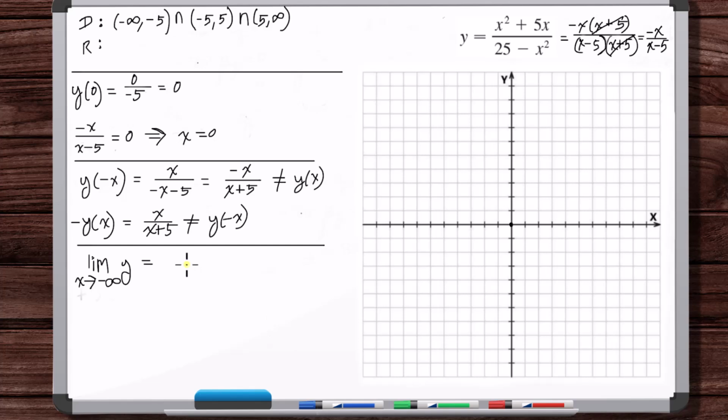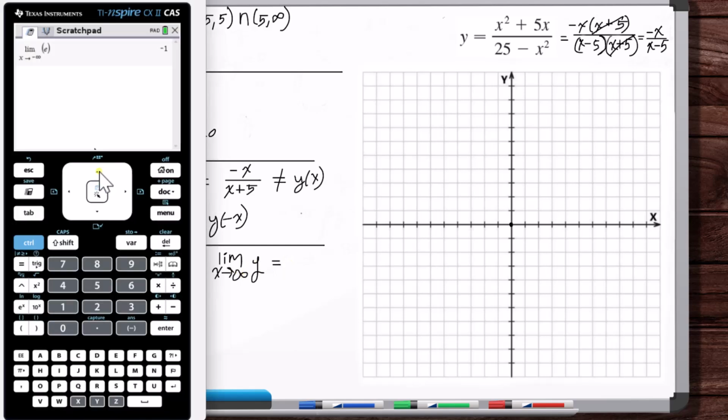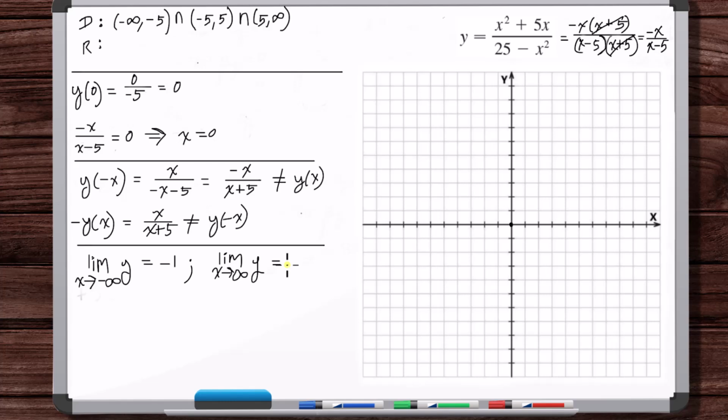Okay, this is minus 1. Now the limit as x approaches positive infinity is also equal to minus 1. Okay, so y is equal to minus 1 is a horizontal asymptote.